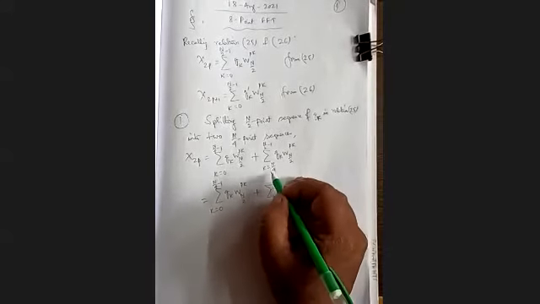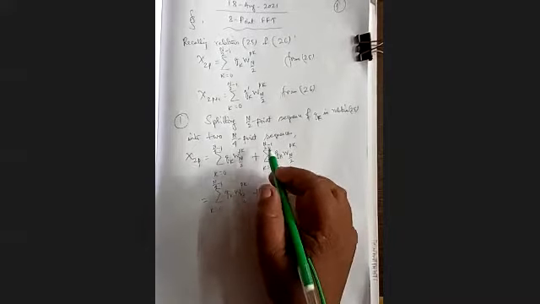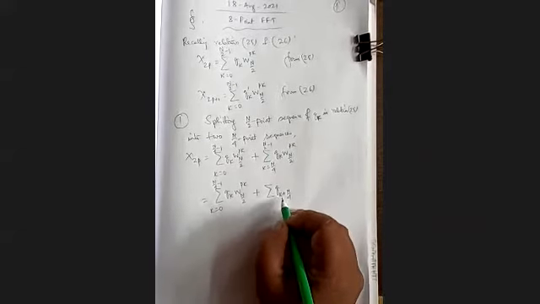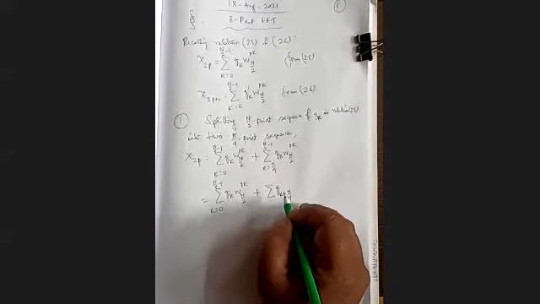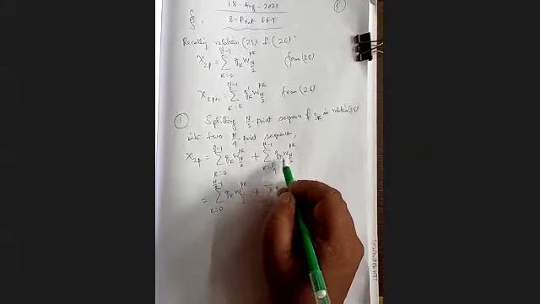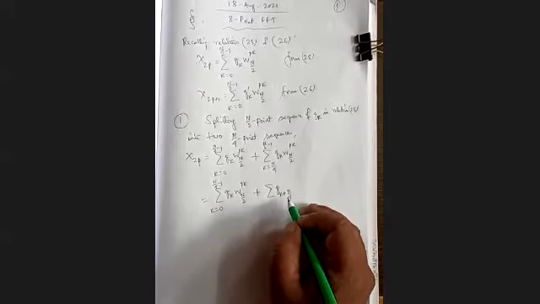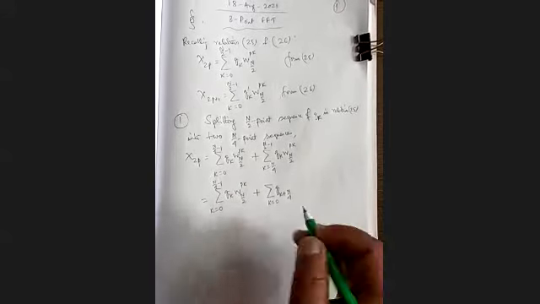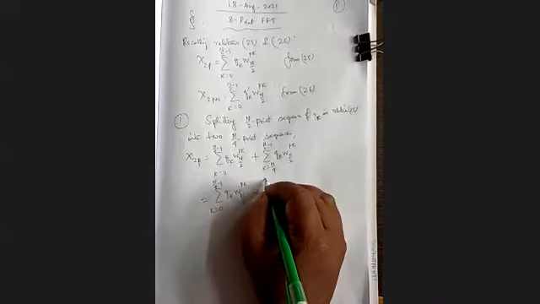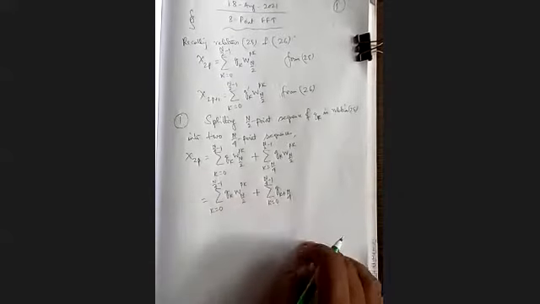k is varying from n/4 up to some term, so we write k plus n/4. Then what will be the starting value of g? Here the starting value of g is n/4. Here also the starting value of g should be n/4, so k should start from 0 to n/4 minus 1.